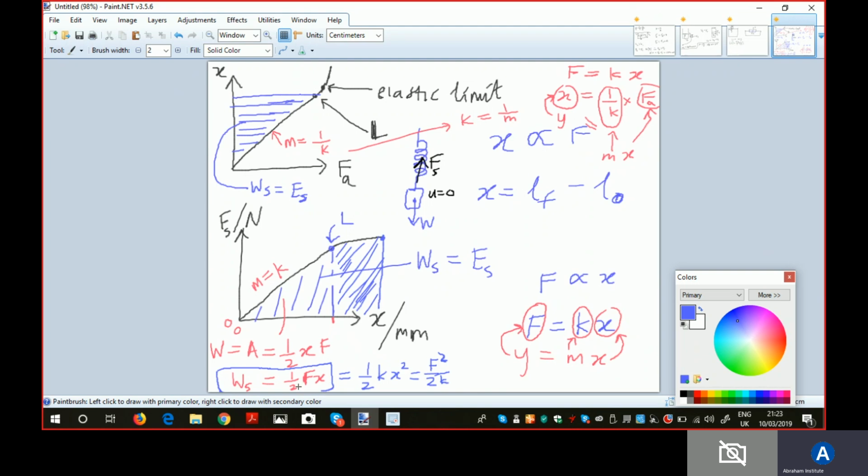Yeah. Make x the subject, substitute in there for x, F squared over 2k. These are the two main equations you will be using. They will give you the graph, so you have to find the area of the graph, and that you can find using this equation up to the limit of proportion. If you want to find beyond that, you will have to do an approximation or calculate the area, maybe using estimation, something like that.